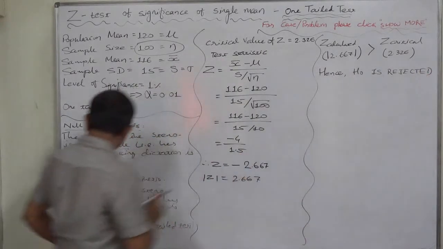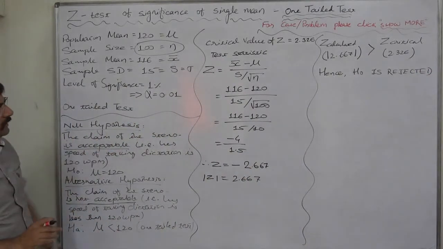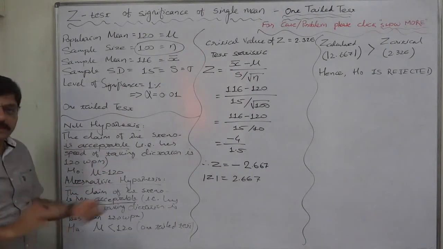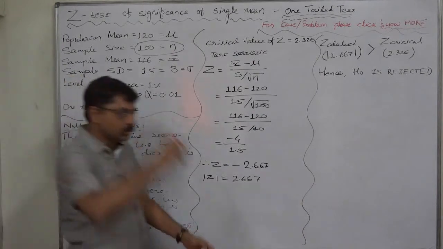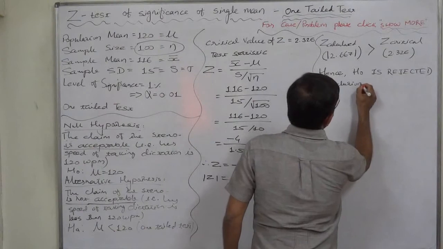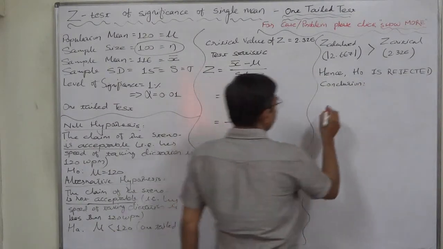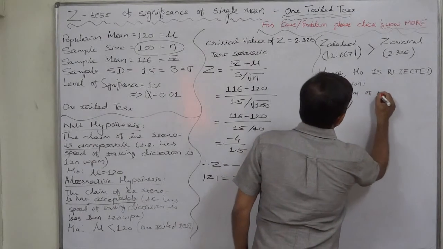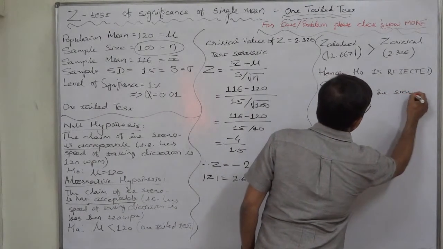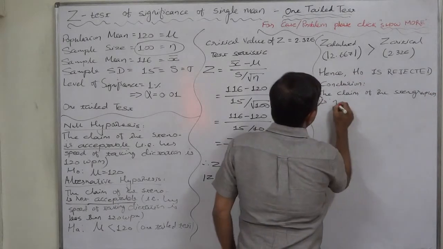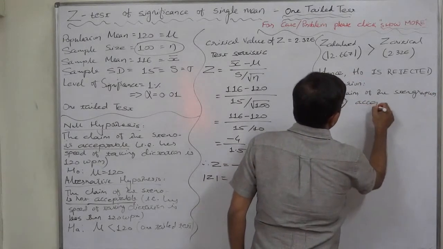What is H0? What is the null hypothesis? Her claim is acceptable, but we reject this hypothesis. That means her claim is not acceptable. That will be the conclusion. The conclusion will be the claim of the stenographer is not acceptable.